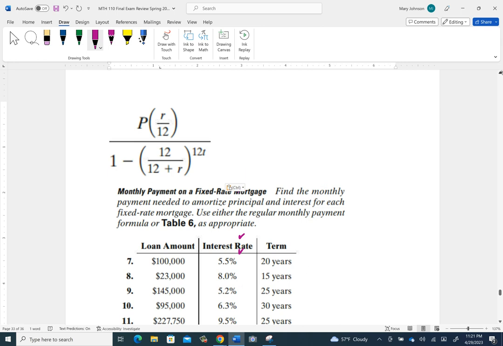All right, thanks for your patience. Let's go ahead and look at number 10. On number 10, the interest rate makes it where I can't use the table, so I'm using that formula. The principal is $95,000. I'm going to multiply that by the interest rate as a decimal, 0.063, and divide that by 12.